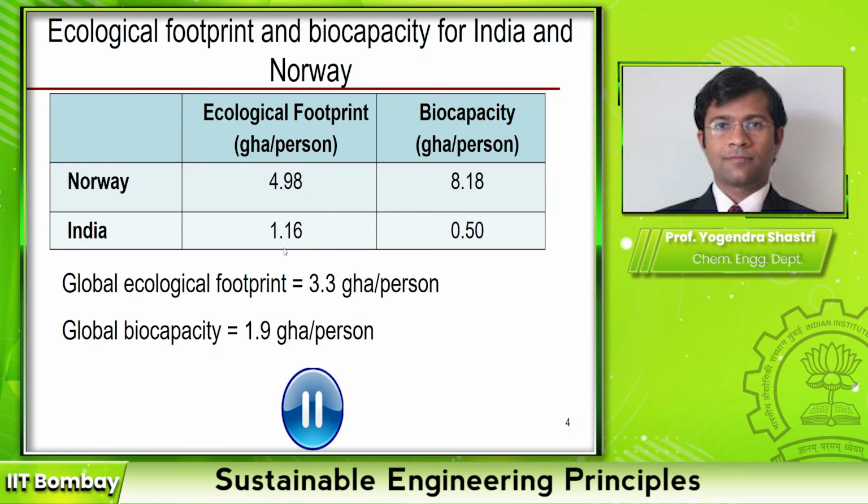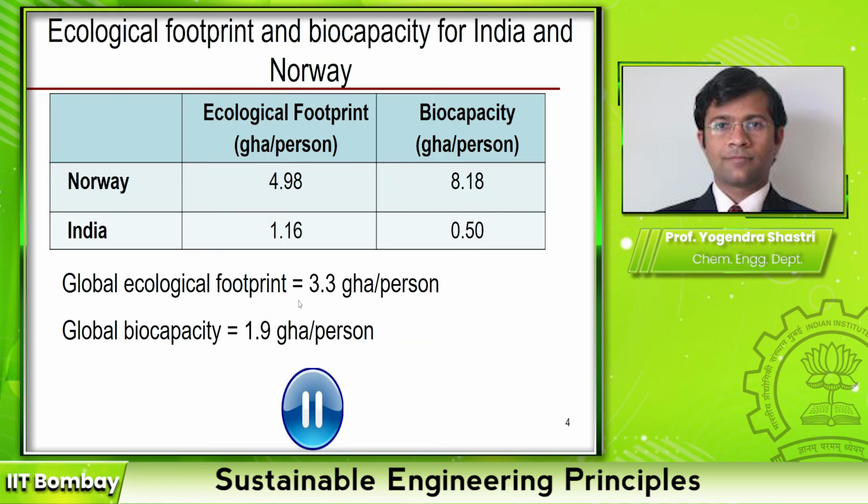India has a much lower ecological footprint of 1.16 global hectares per person. The biocapacity, on the other hand, for Norway is 8.18 global hectares and India is 0.5. I have also given you the global numbers. Global ecological footprint is 3.3 global hectares per person and global biocapacity is 1.9 global hectares per person.